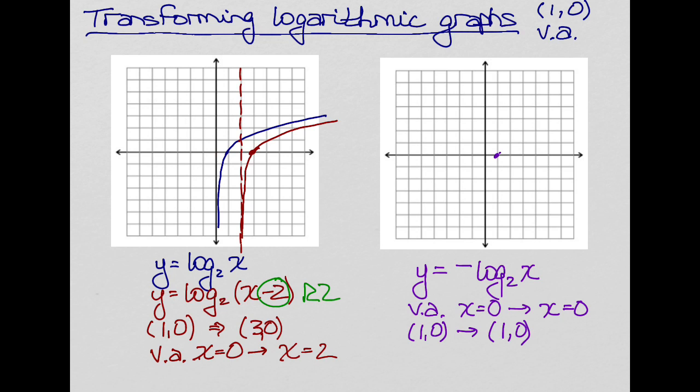What is going to happen is my vertical asymptote, that is usually the negative y-axis, that is going to change. It's going to be the upper part of the y-axis. That's the vertical asymptote. So I'm going to go up this way by the vertical asymptote, and instead of going up slowly to the right, I'm going to go down slowly to the right. And there's my transformed graph, negative log base 2 of x.